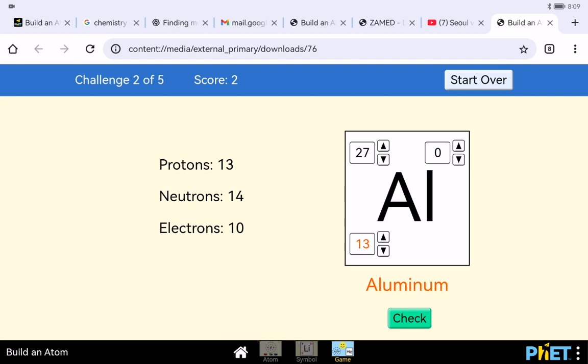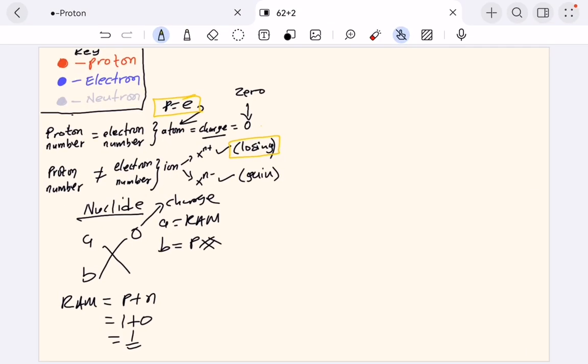So the charge, again, you compare. If the proton number is not equal to the electron number, then you know that it's not an atom, so the charge cannot be 0. Initially the proton number was 13. If this was an atom, when P was equal to E, if this was 13, even the number of electrons was 13, then we say this was an atom.